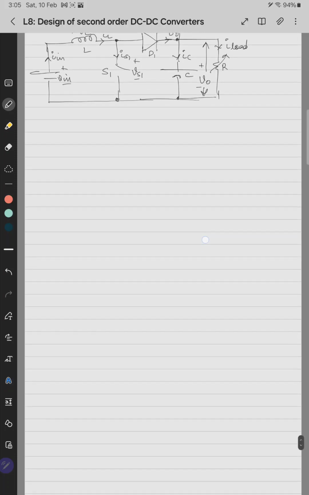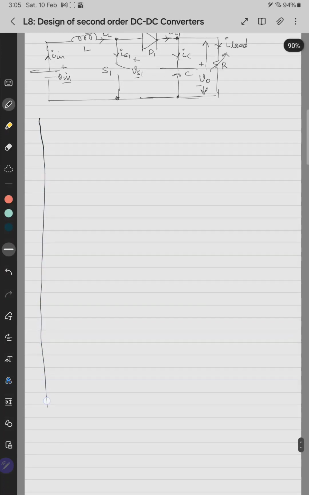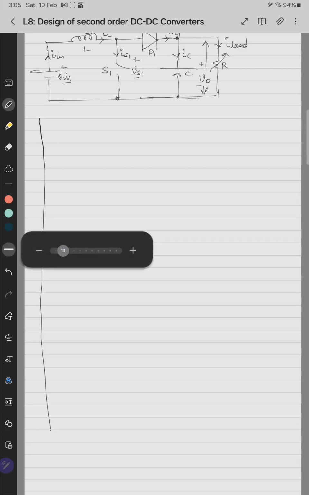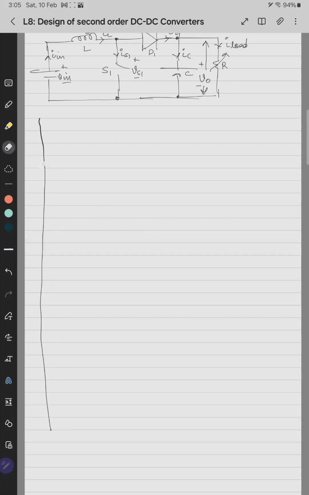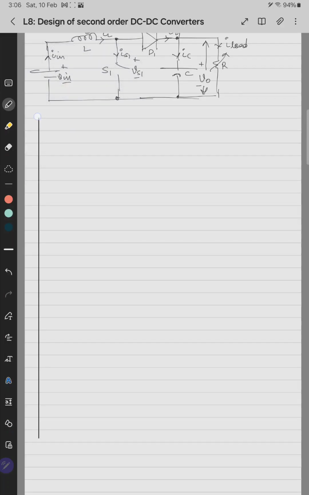So let's first draw all the waveforms of a boost converter. We'll start with the switching pulses.